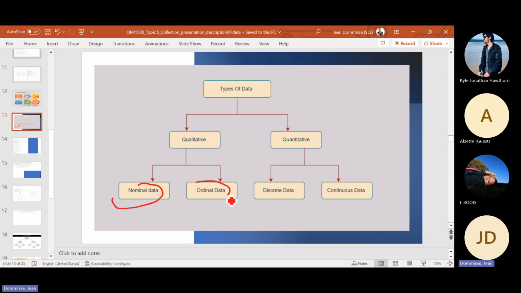But when there's suddenly order in your data, it becomes ordinal. Color of eyes, there's no order. If you have brown eyes, blue eyes, green eyes, there's no order. But if you have an honors degree, a 4-year degree, 3-year, 2-year, 1-year, there's order in that.